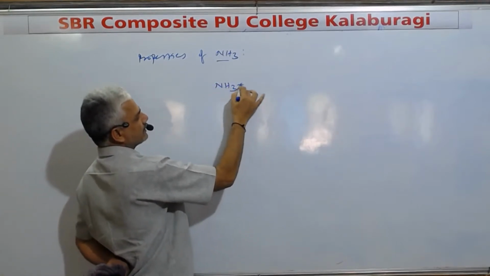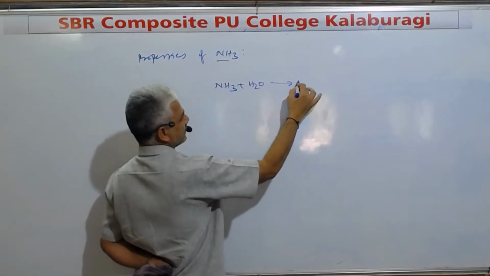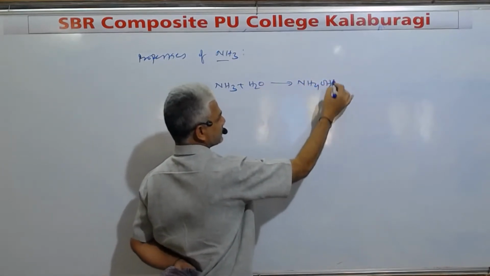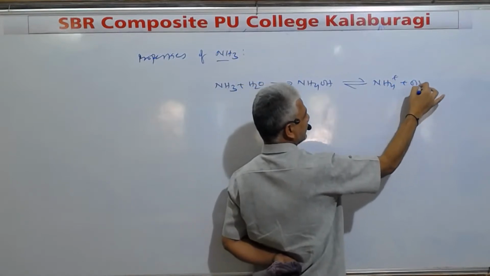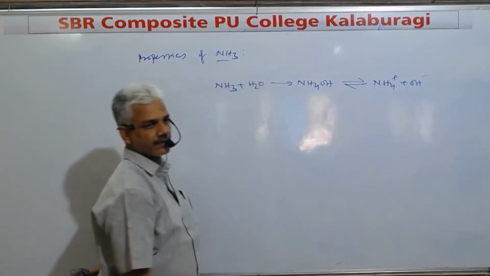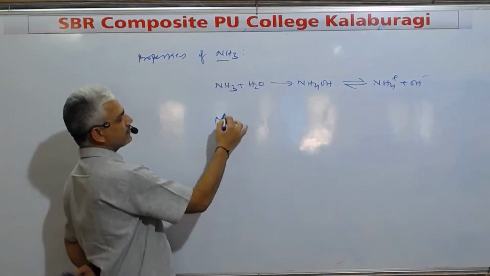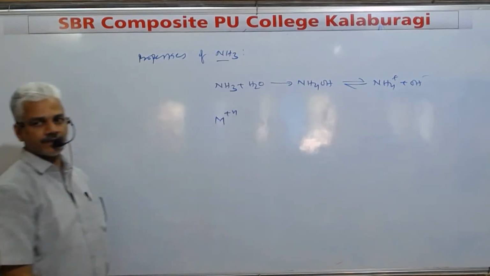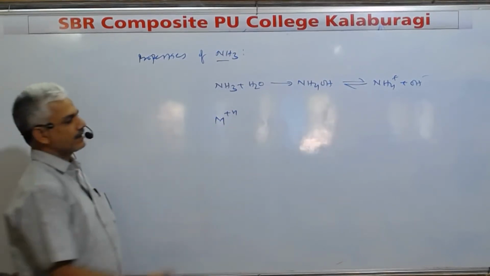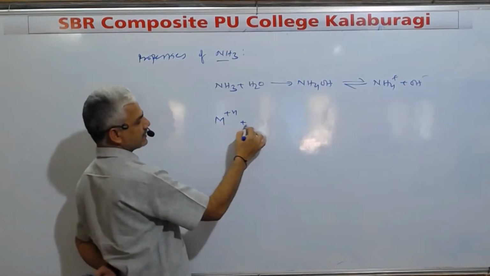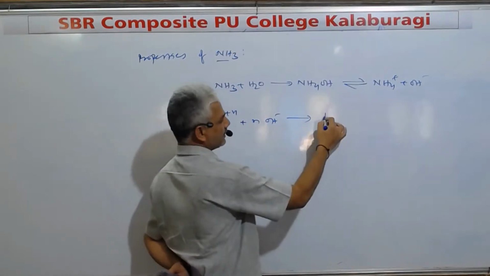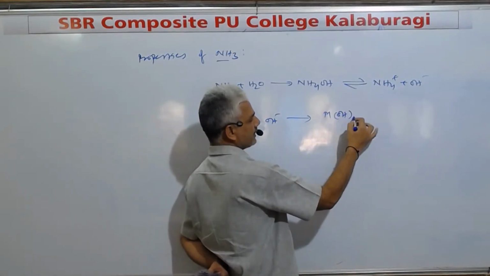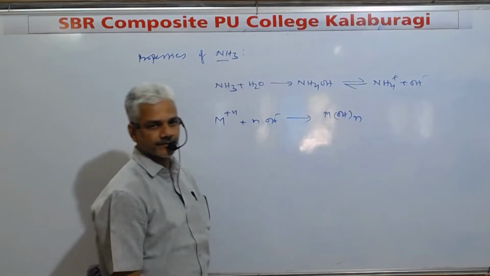So when ammonia is dissolved in water, first you will get ammonium hydroxide, which dissociates to the NH4+ and OH- ions. So if this is the general notation of transition metal ion, depending on the charge, it will take so many OH- ions and you will get corresponding metallic hydroxide.